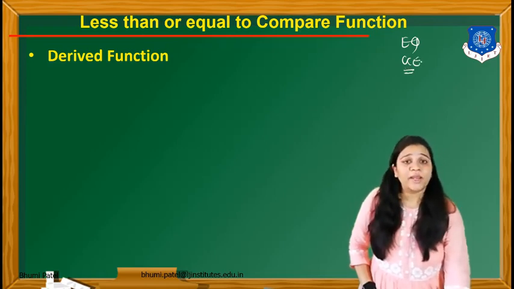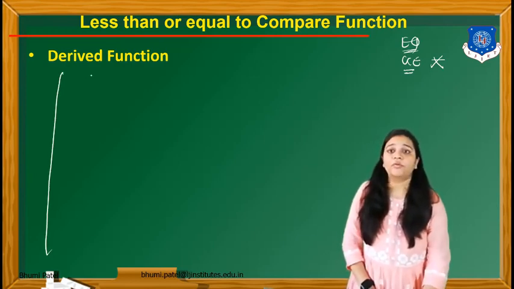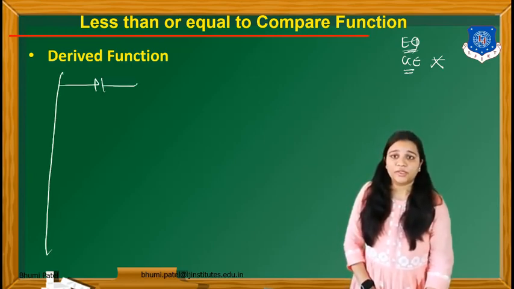If my number is not greater than, but equal to is compulsory, what is the logic? First of all, we have to draw the logic for the greater than equal to number.